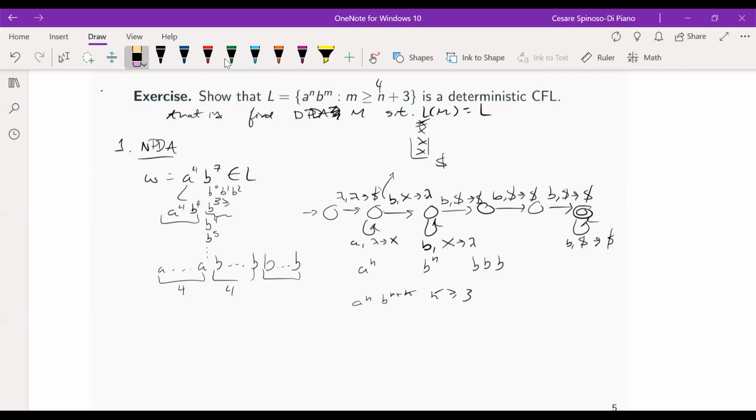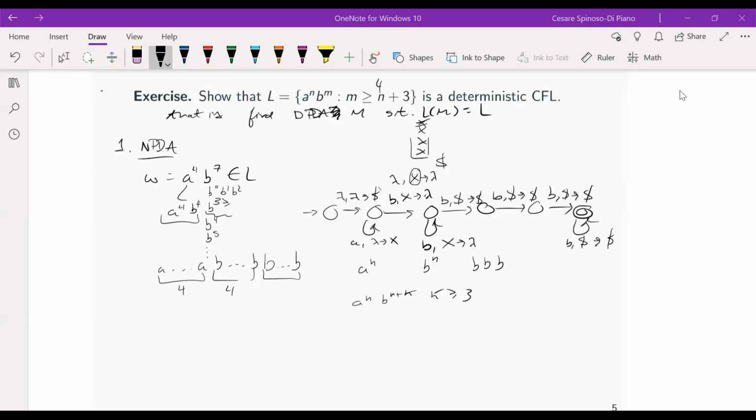But even if, for instance, you had done something like lambda x lambda, that would also be fine, because you're reading an X here and you're not reading an X anywhere else. But aren't we doing an NPDA, and it is fine to have a choice? Yeah, no, that's why initially I wanted to show you, so I kind of messed up my example.